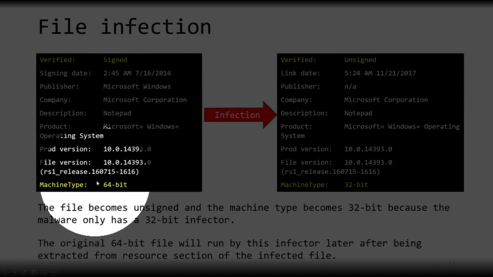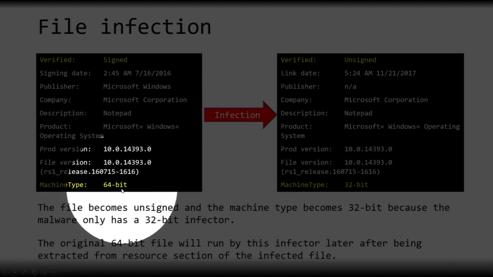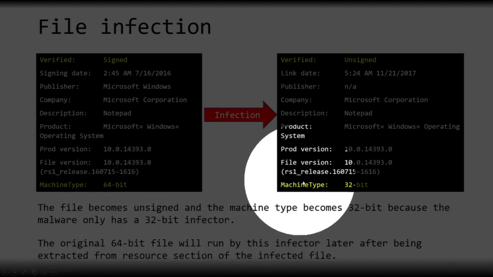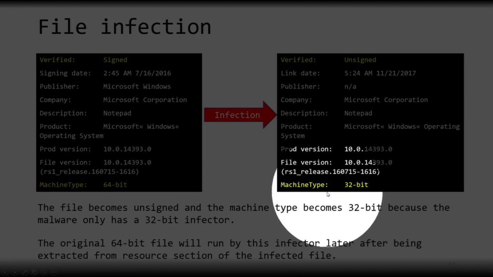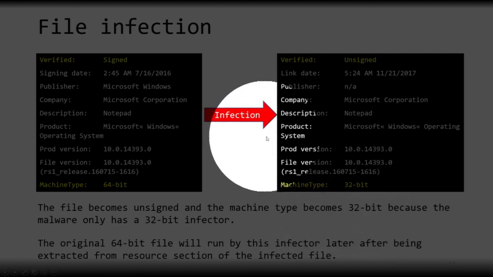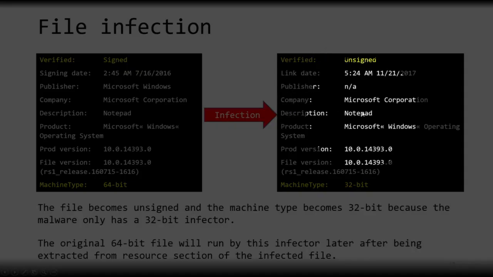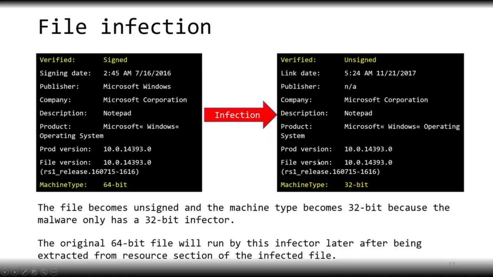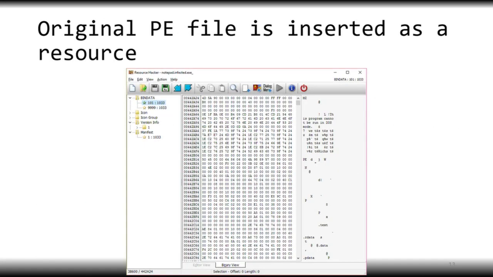Also, originally it was 64-bit Notepad, but they just changed it to 32-bit because it looks like they only have a 32-bit installer. So they just use 32-bit as a kind of carrier of this threat. All other descriptions like Notepad are fake, and the original 64-bit binary will be dropped and run from the system.